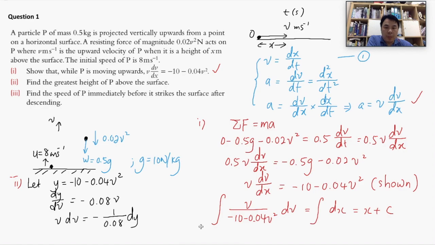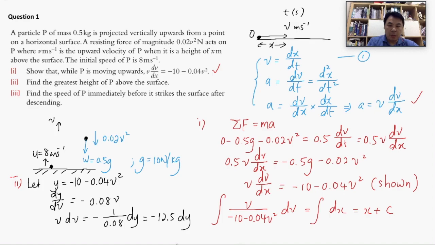Okay, and then that is basically the same as, just let me calculate that for a while. It is 12.5, so negative 12.5 dy.